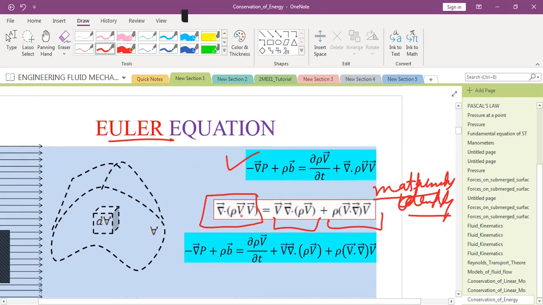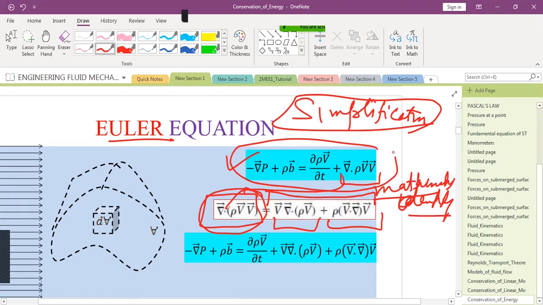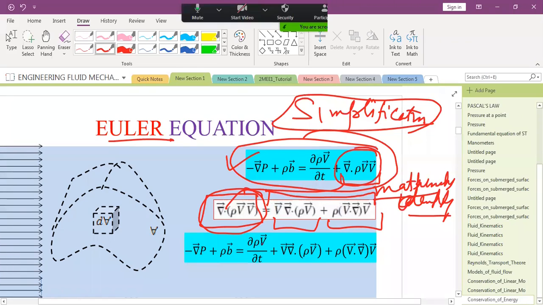This is a standard identity. So you know that this term could be written as the sum of these two terms. And the sole motivation behind using this identity for this term is simplification. Nothing more than that. I want to further simplify this expression, so I am making some mathematical manipulation for this.